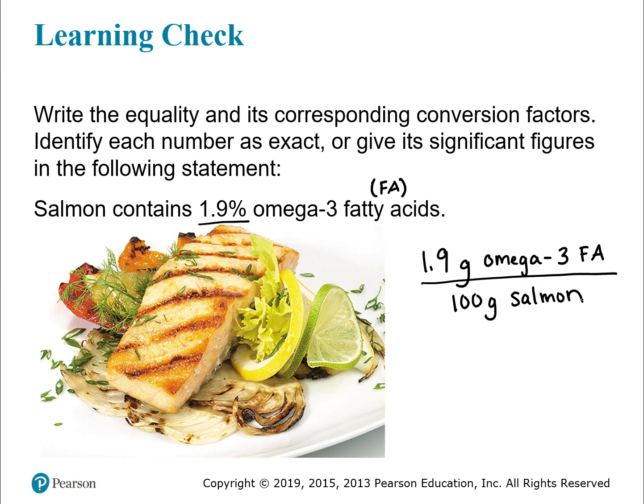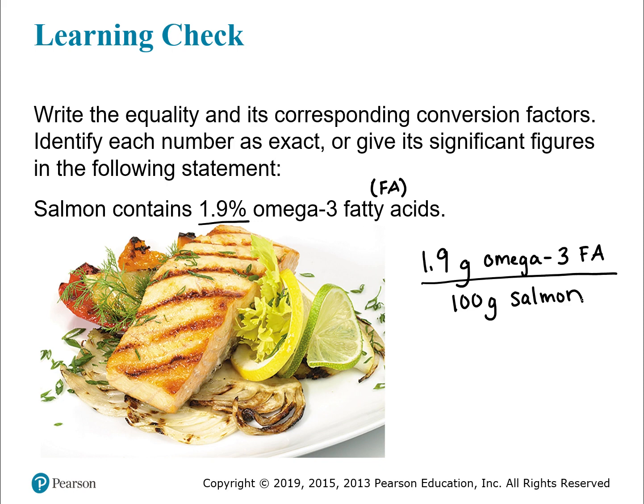We know that percent means part out of a whole, and that whole is 100, right? 100 parts is the whole. So if we say 1.9 grams, which makes sense, because we're talking about something with mass, right? Salmon. 1.9 grams of omega-3 fatty acids for every 100 grams of salmon.